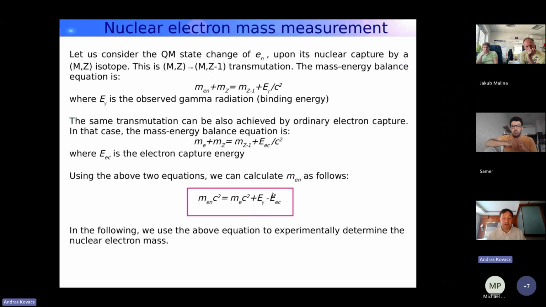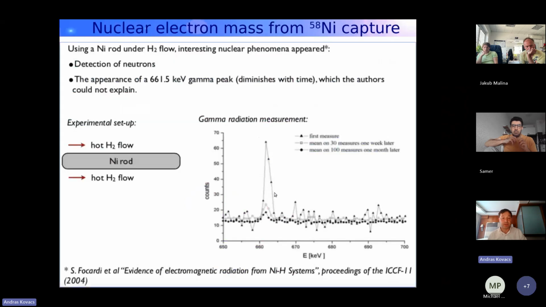Okay, so this is the theory, and now we look for gamma peaks that could give this kind of reaction. The first type of experiment was reported in 2004 by Sergio Focardi and his colleagues. They experimented on nickel under hot hydrogen flow. They detected emission of neutrons plus the appearance of a 661.5 keV gamma peak, which they could not explain. Also notice that this gamma peak goes down with time.